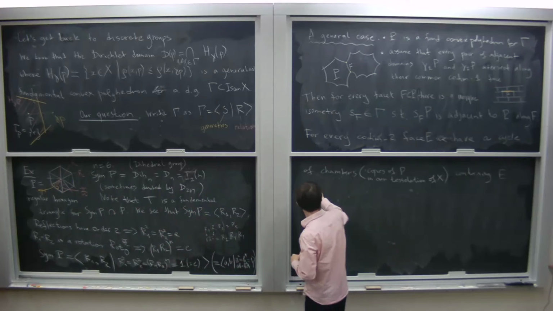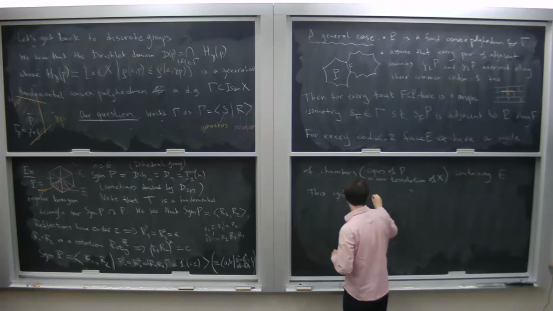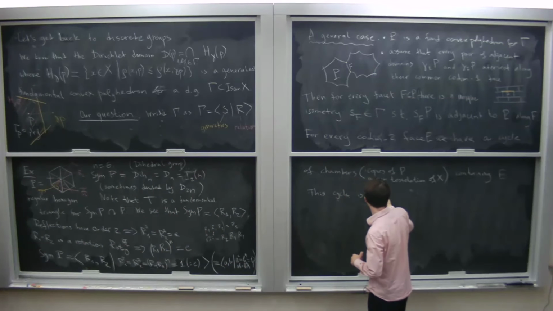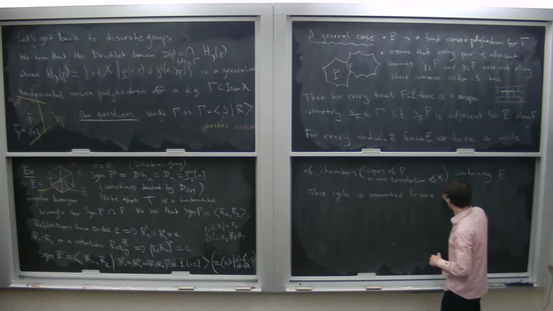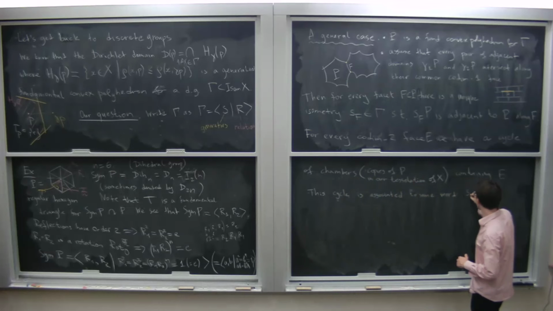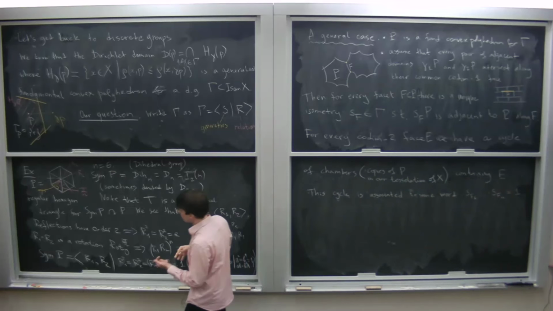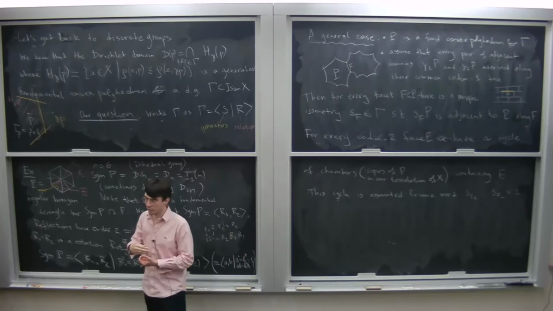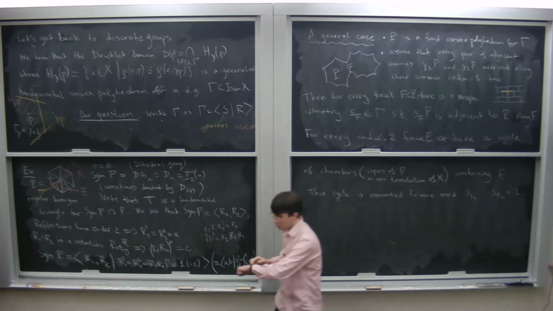So this cycle is associated to some word f1 and so on to fn, which is obviously the identity, since I'm getting back to my initial fundamental chamber.